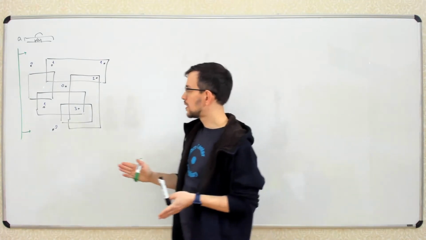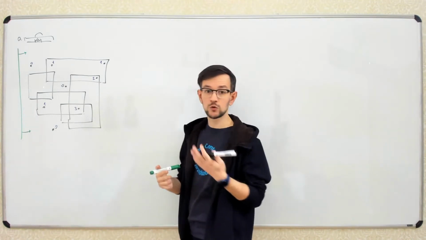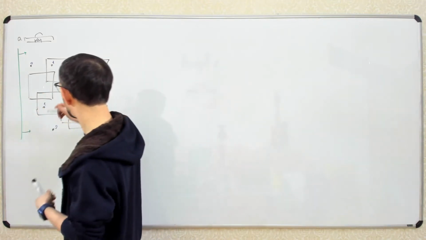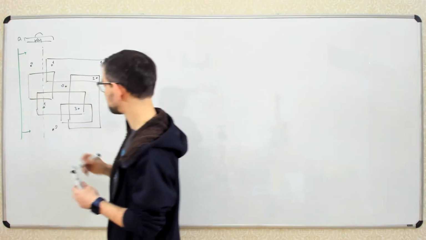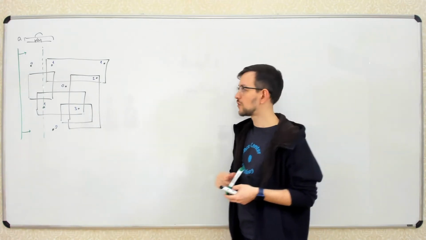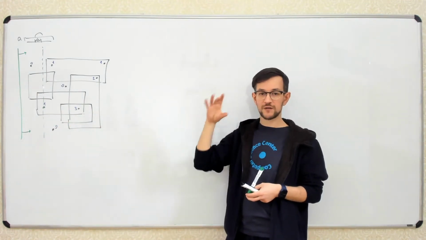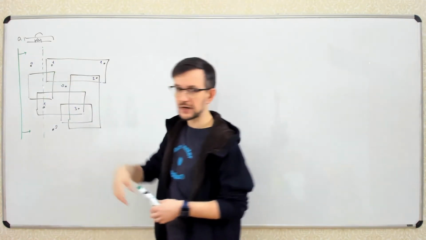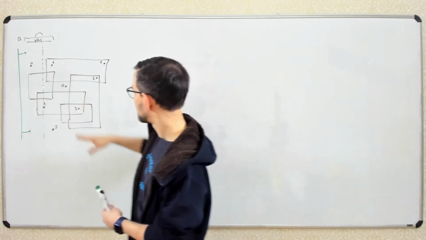So what happens when we move this line to the right? What do we need to maintain? When we have some point here, and we move the line to this position, we need to answer the query. For this point, we need to find the number of rectangles which cover it. Inside this line, it is basically a one-dimensional problem. Let me transfer this line here.